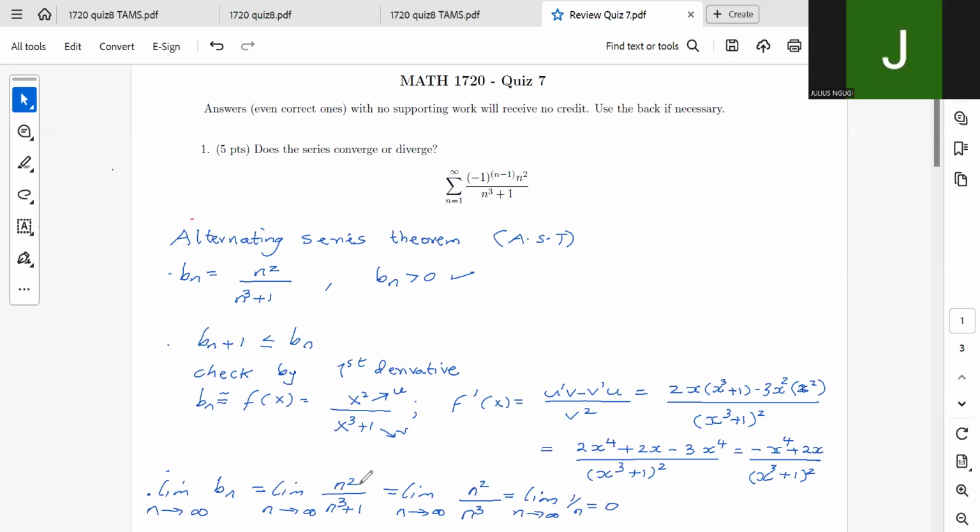And if the limit as n approaches infinity of the function goes to 0, and the two other conditions are satisfied, then we conclude that the series, the sum as n starts from 1 to infinity of minus 1 to the power of n minus 1, multiplied by n squared divided by n cubed plus 1, converges.